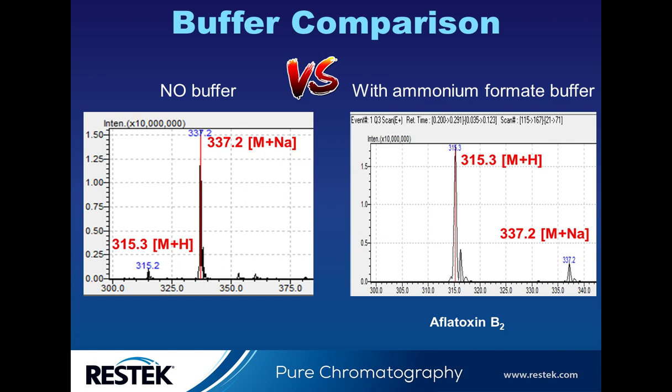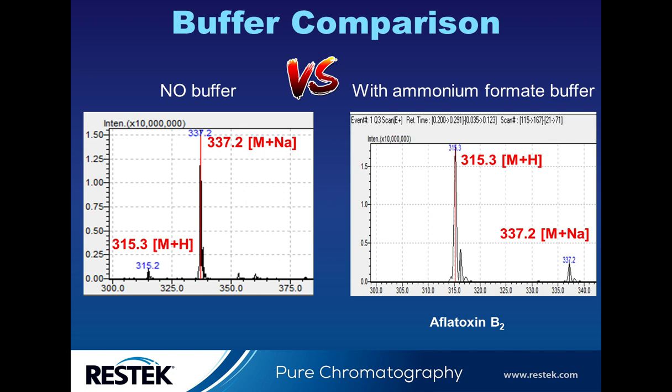So this is one of the examples that I did for tuning. As you can see, this is without buffer when I was doing the tuning for aflatoxin B2. The sodium adduct is the majority ion, or the predominant ion, when I was doing the tuning.